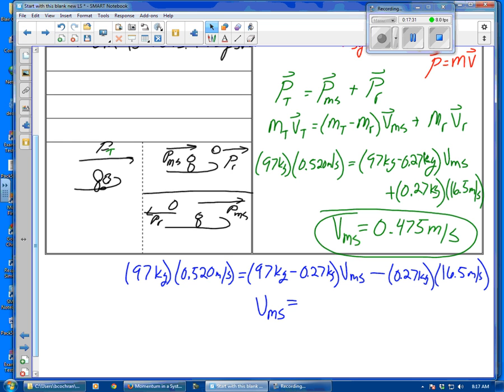And I've just brought that out front. And what that does is increase the speed of our sled and man afterwards to 0.568 meters per second.